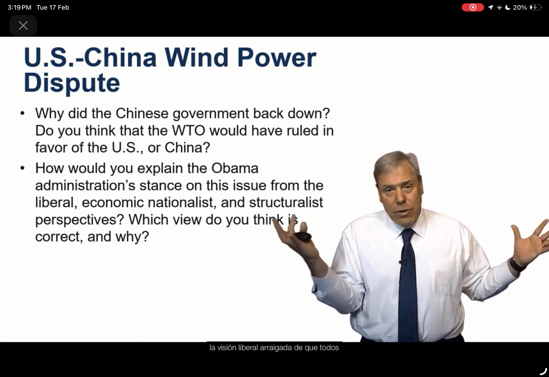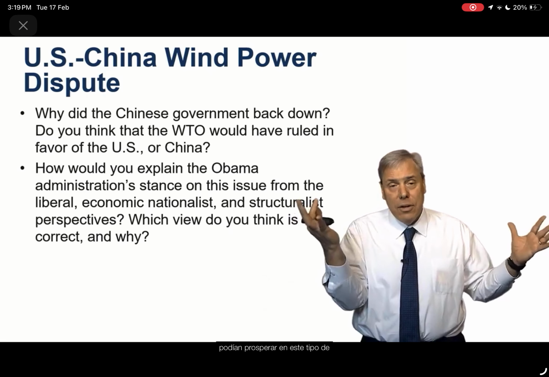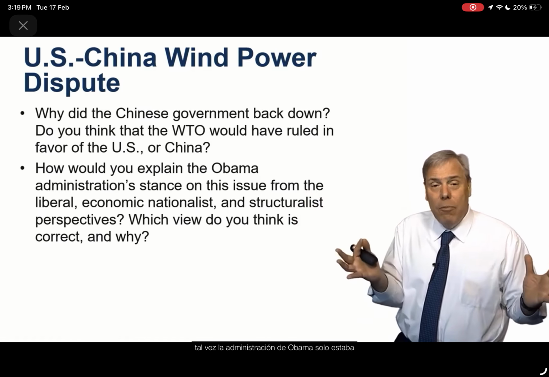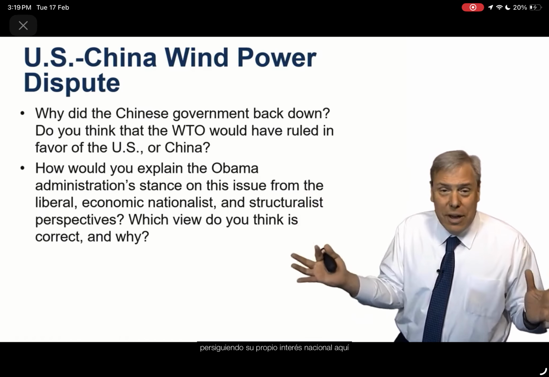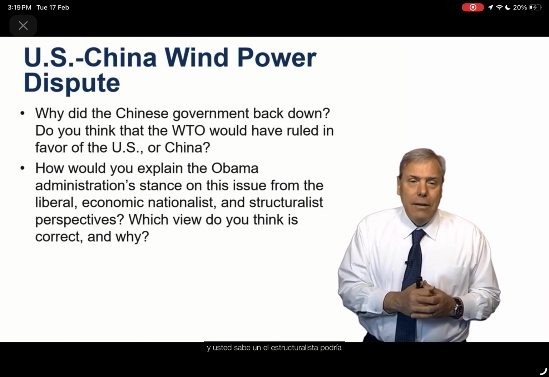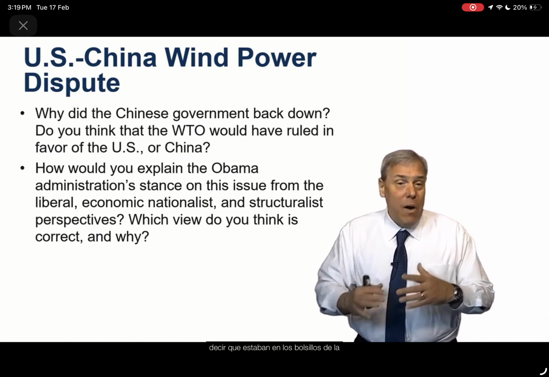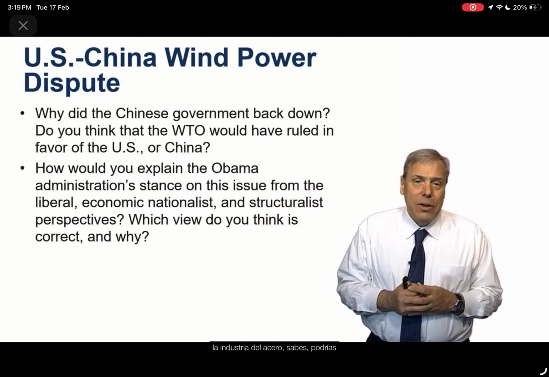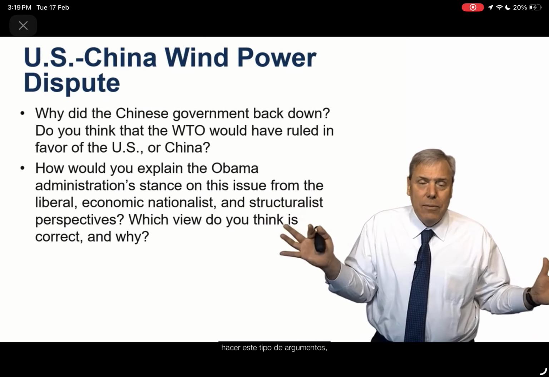The embedded liberal view that everybody could prosper under these kinds of conditions, right? But an economic nationalist might say, well, maybe the Obama administration was just pursuing its own national interest here. And, you know, a structuralist might say they were in the pockets of the wind turbine industry. Okay. The steel industry, you could make these kinds of arguments.